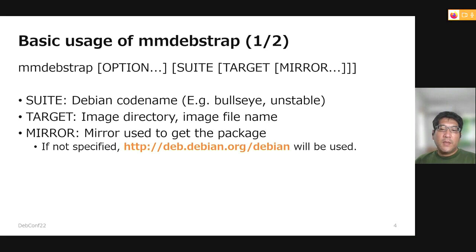And specify the directory or image file name of the image created as the target. You can specify more than one Debian package mirror. Otherwise, http://deb.debian.org/debian will be used.